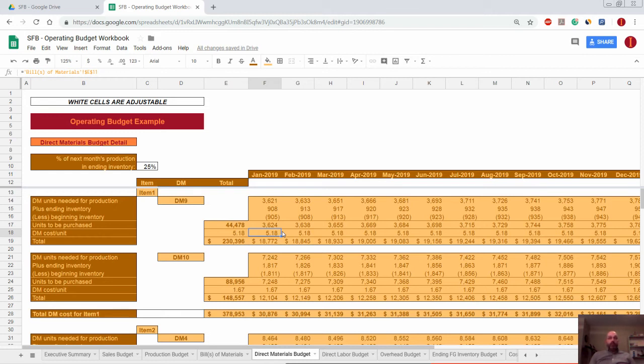I mean, some will use FIFO, weighted average possibly, but the vast majority that I've seen are going to use a standard cost, which is basically, we're going to say, one cost for the entire year.